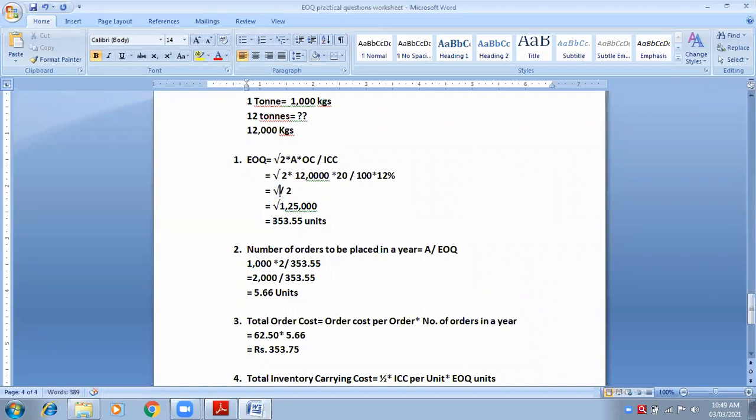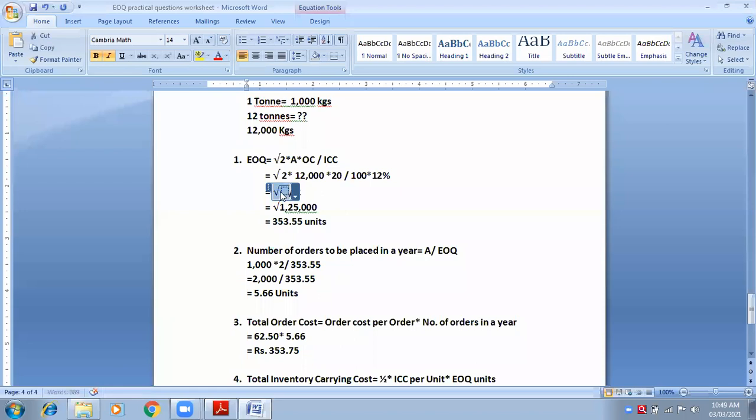First the numerator: 2 into 12,000 into 20.